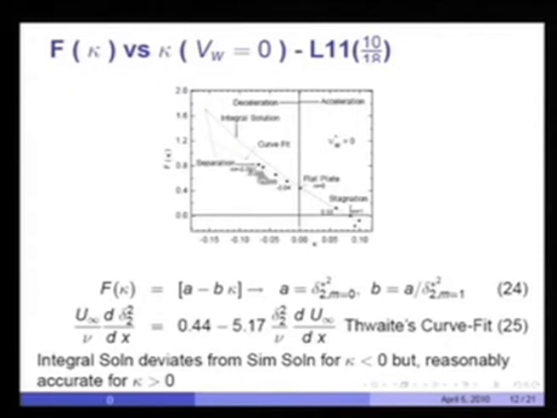So, the separation is seen at about kappa equal to, let us say, about minus 0.07 in similarity solutions, whereas in integral solution the separation occurs at minus 0.1567.